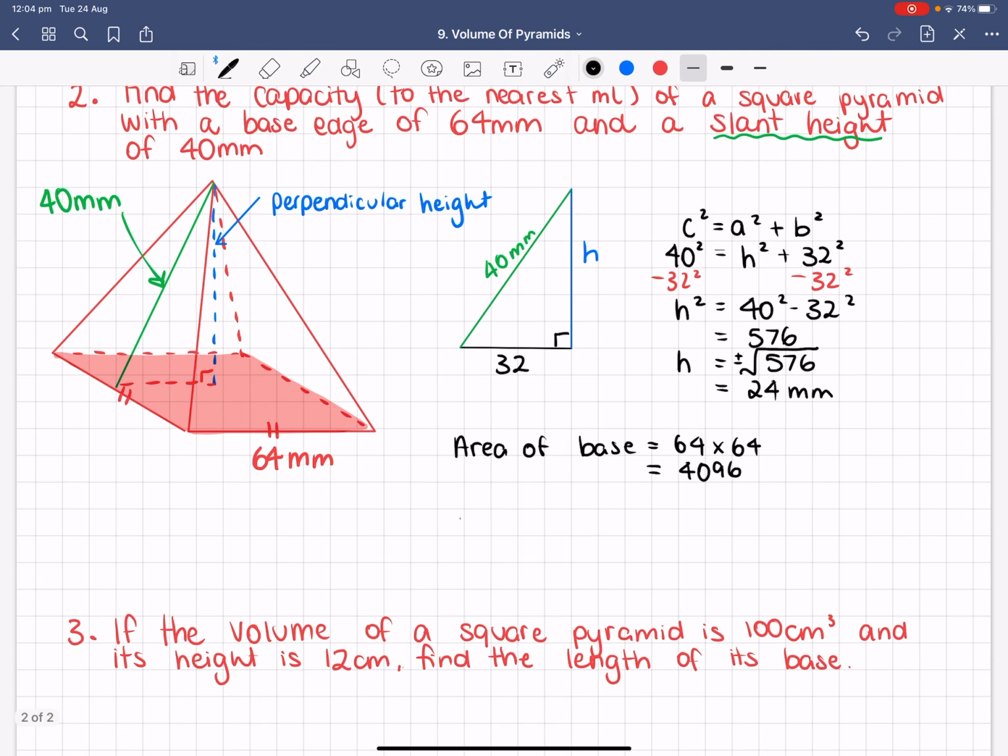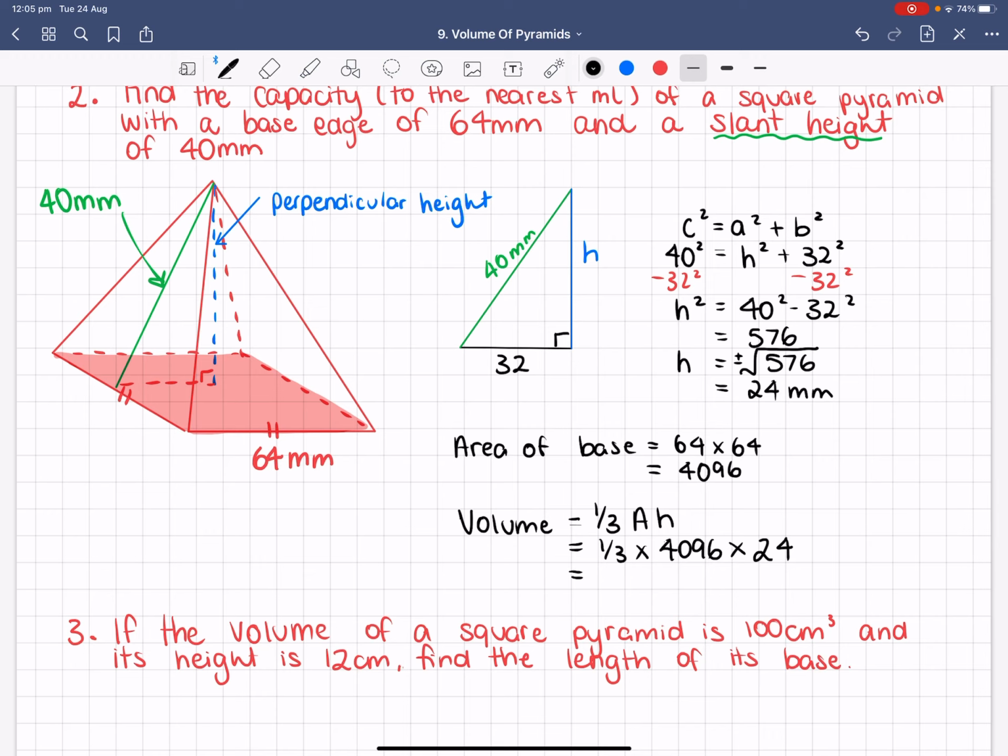And for the volume, lucky last thing, remember it's a third times the area of the base times the height. So a third times 4,096, because that was the area of our base of our square, times the perpendicular height, which is what we had to find. So 24.